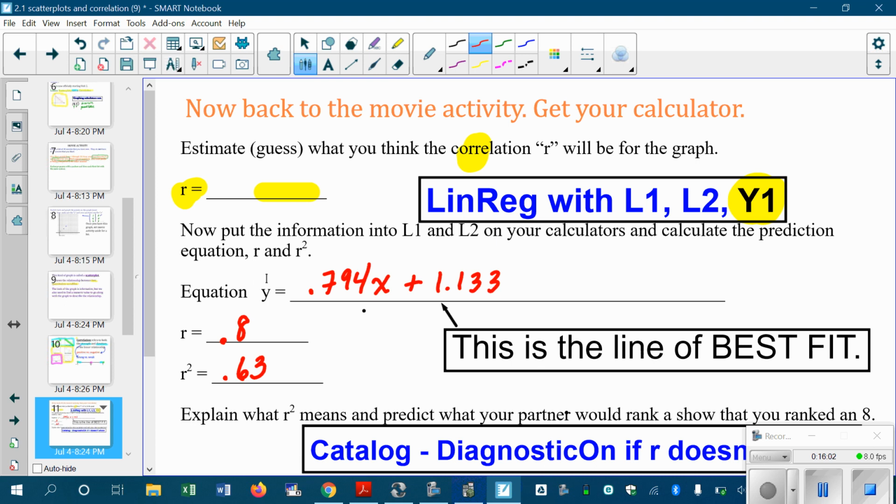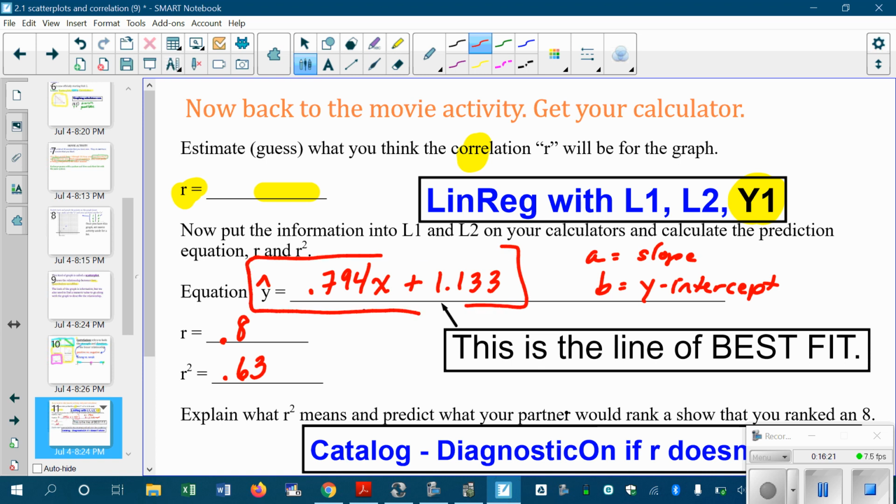We usually write a little hat on top of this y because it's the predicted y. So this is my line of best fit equation, right? So the a is going to be my slope. The b is going to be my y-intercept. And that is my line of best fit equation. We'll be talking about that more in coming days.